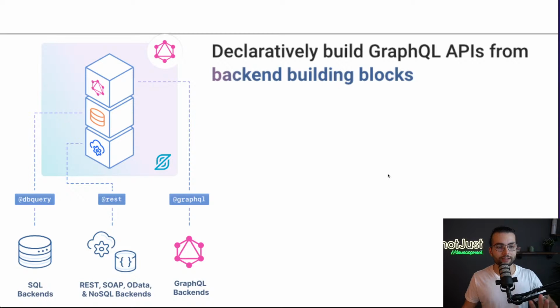So to recap everything that I was saying about how StepZen can help us, it helps us build declaratively a GraphQL API from backend building blocks. And the backend building blocks here can be databases, they can be REST APIs, or they can even be other GraphQL APIs. So as you can see here on the left, we put everything together, and then we get this StepZen API built from different blocks.